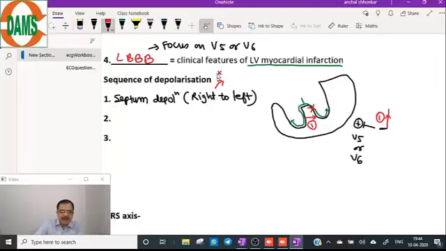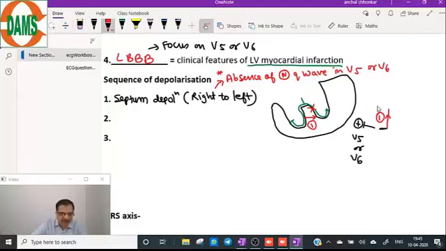There is absence of the normal Q wave in V5 or V6. Normally there is an initial Q wave, so that disappears. That will not be seen because the septum is depolarized from right to left. So there will be absence of the normal Q wave.